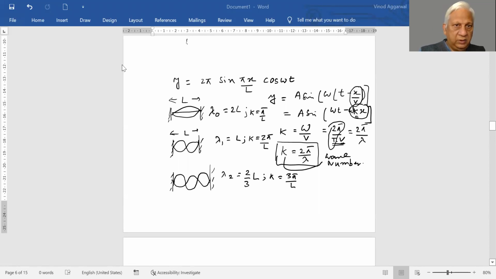Now we rewrite this equation in our original form, which was y is equal to 2a sine kx.